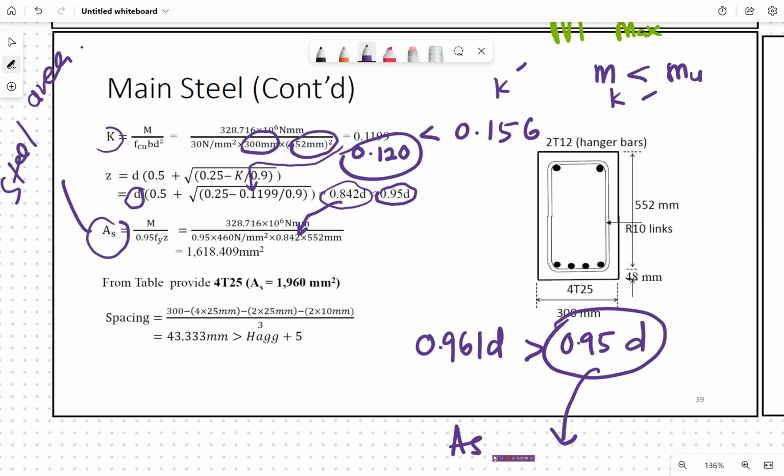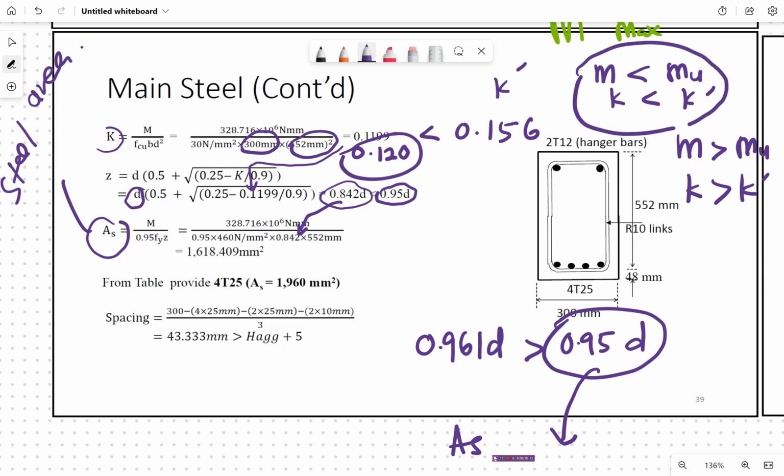But if M is bigger than Mu, the value of K will be bigger than K prime, and we don't want to design as doubly, which is not in the syllabus. If we design as singly, we will get K less than K prime.